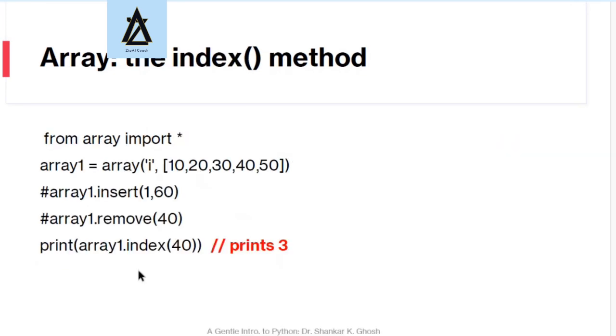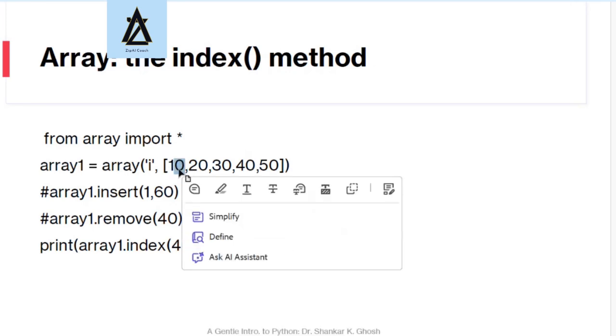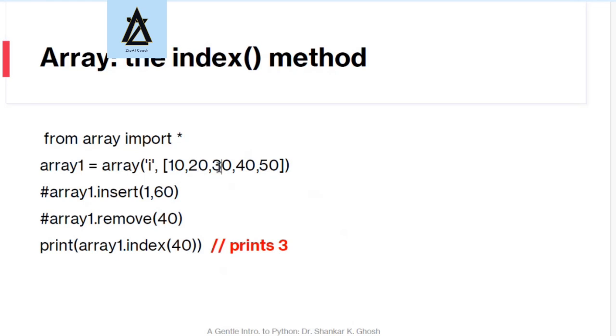And then see, there is one function which is index. If you write array1.index(40), it tells you the index of the element in the array. For example, if it is 40, 10 is the 0th, then 20 is the first, second, then third. So the index will be 3.